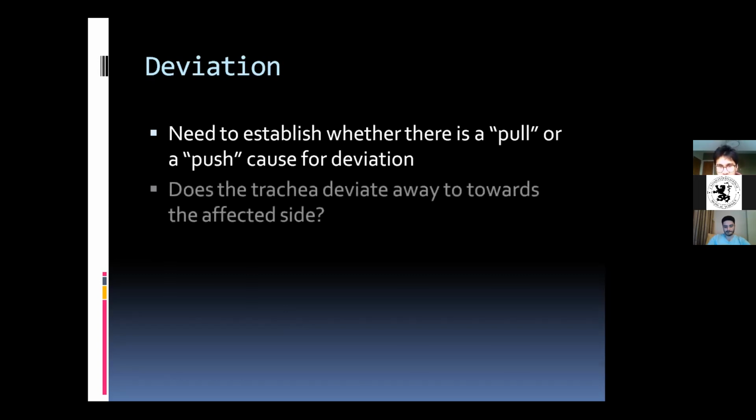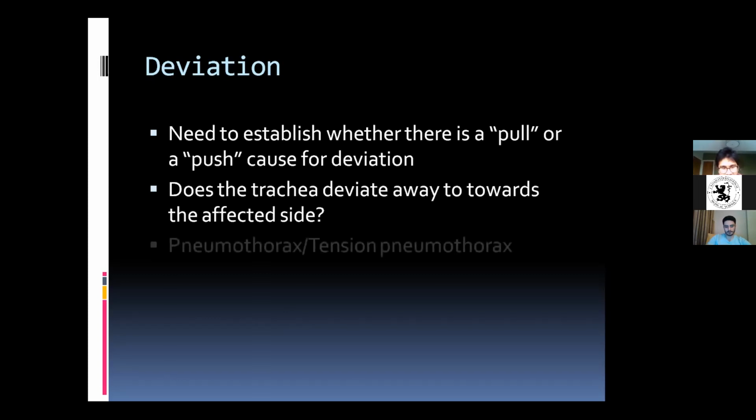At the same time, we have to also figure out whether the trachea deviates towards or away from the affected side. Again, there are several pathologies that cause this as well. Now, what do I mean by this? Let's take an example, pneumothorax. You all definitely know this, it is basically when there is some kind of air in the intrapleural space.